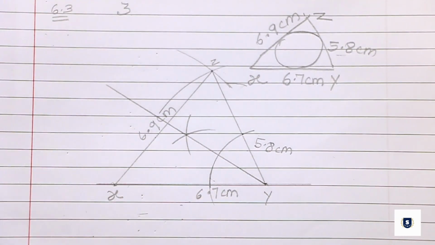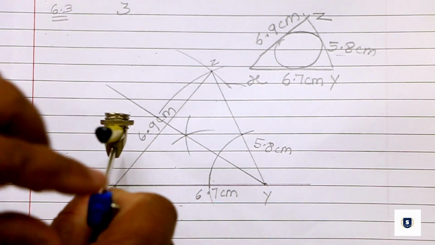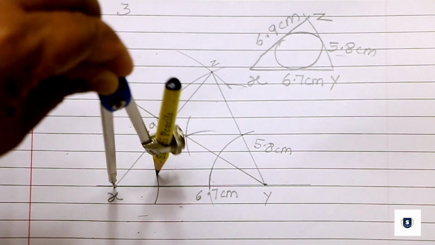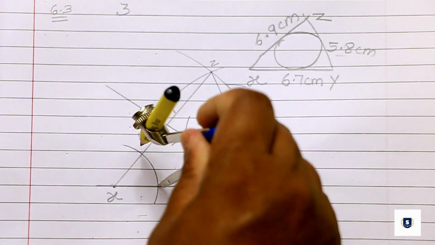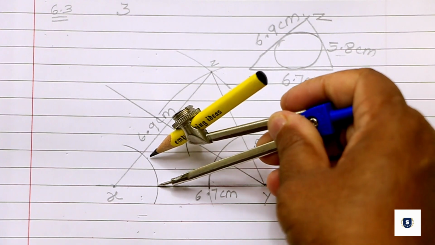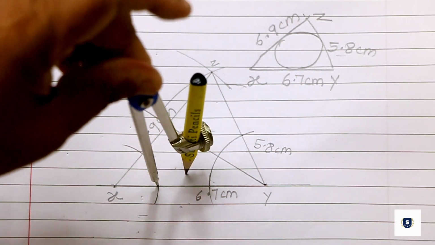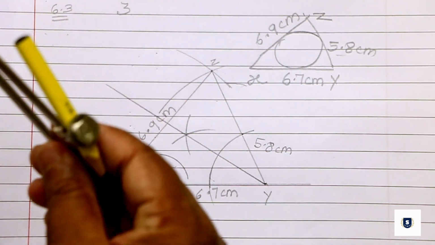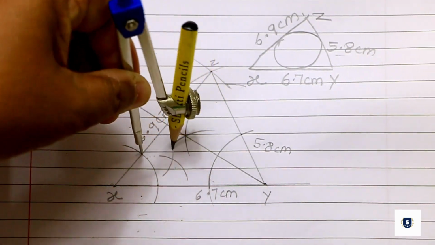Now, as we are drawing angle bisector, so we have to bisect the angles. So let us take this angle and bisect it. Keep the pointer here. This should be more than half of the arc. And give an arc here. Keep the pointer here at this point. Give an arc here.